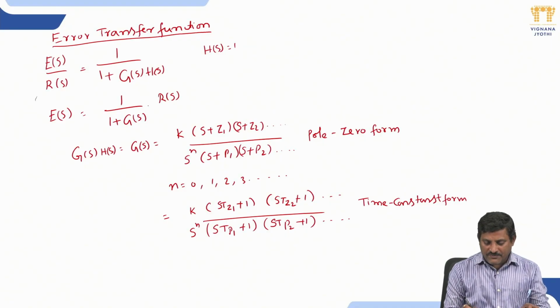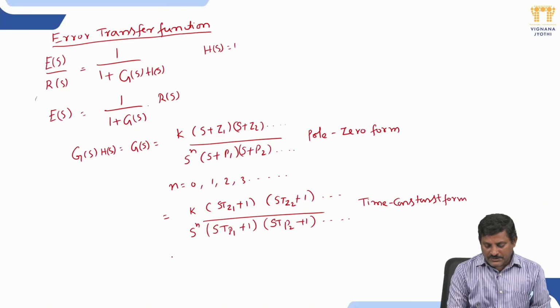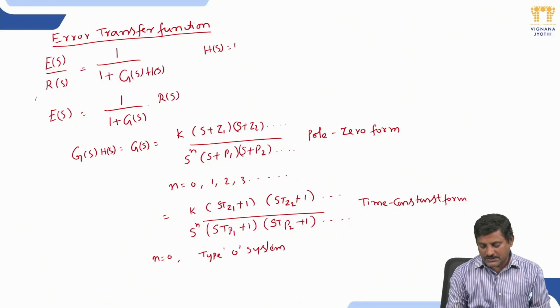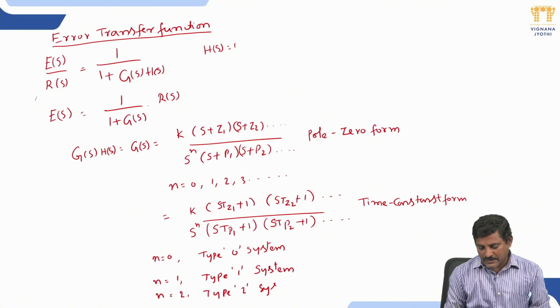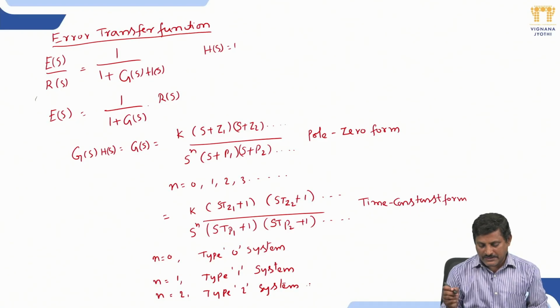Here n is 0 means type 0 system. N is 1, type 1 system. N is 2, type 2 system, like that.